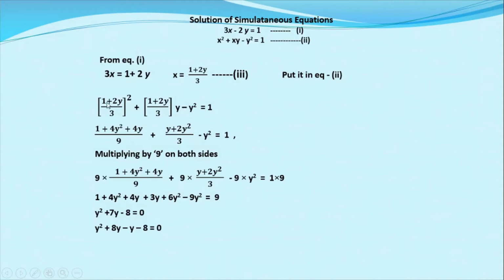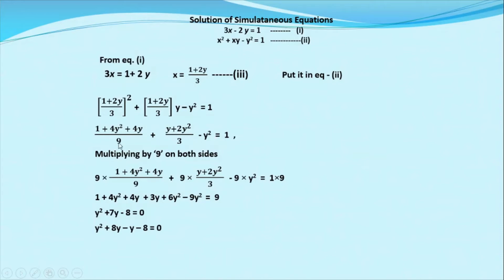Next, according to the (a plus b) whole square formula, a square plus b square plus 2ab, this is the answer. This 3 square is 9, plus, multiplying this y within the bracket, this is (y plus 2y square) over 3, minus y square is equal to 1.